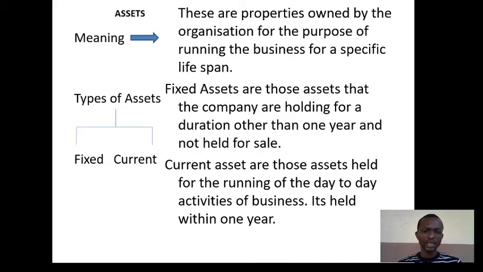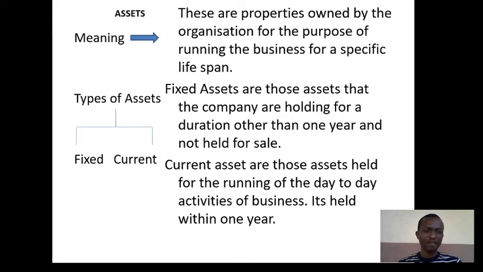Then you have something like debtors. Now we call it receivables. Debtors are those that you have sold your goods to but have not paid you. At what point do you ascertain these debtors? At the point at which the account is prepared, that is, at the end of your financial year.